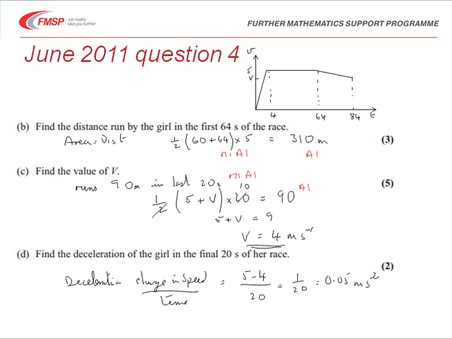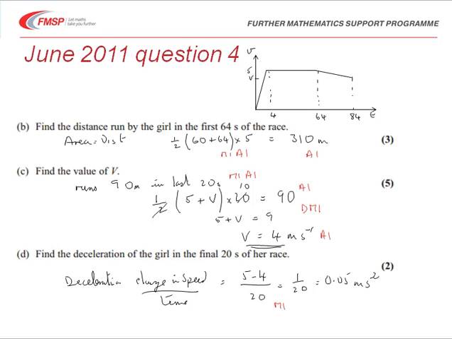If that was done correctly, then there's what's called a dependent method mark. So depending on what you've done so far, you pick up another method mark for getting 5 plus v equal to 9, and then a final a mark for the answer 4 meters per second.